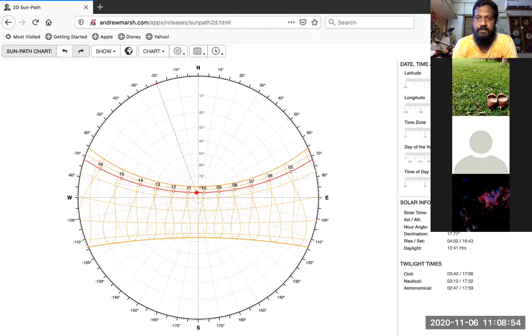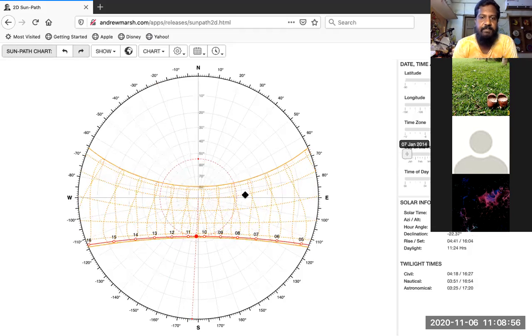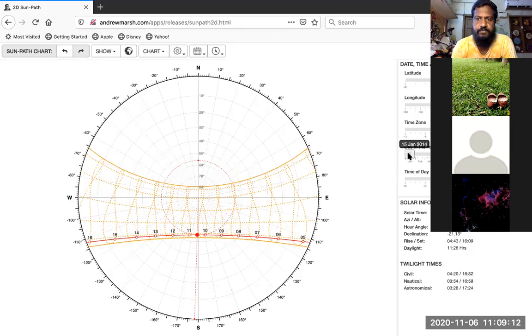So this way you'll be able to figure it out. For example, in January, the midpoint is where we locate Chennai, and the red line is the sun path for the day. Here I've set an example of 25th January, and here I can start the timings.